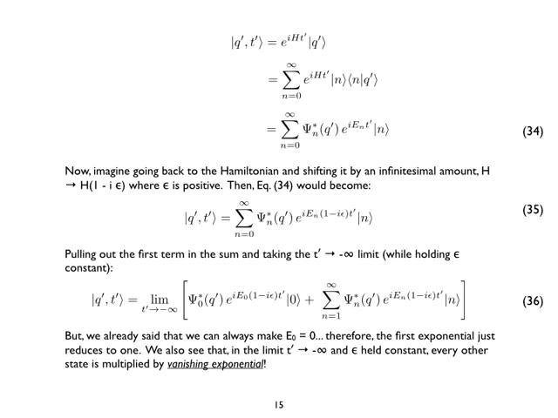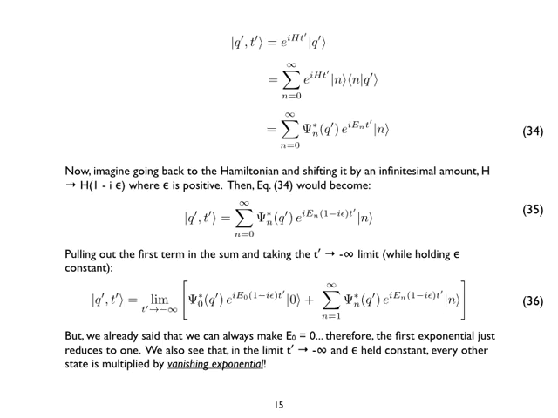But we said that the ground state energy we can always dial to be 0, because we're only interested in relative energy scales. So I can make E sub 0 equal to 0. That means this term, the exponential, is just 1, and I get some coefficient multiplying the vacuum state.